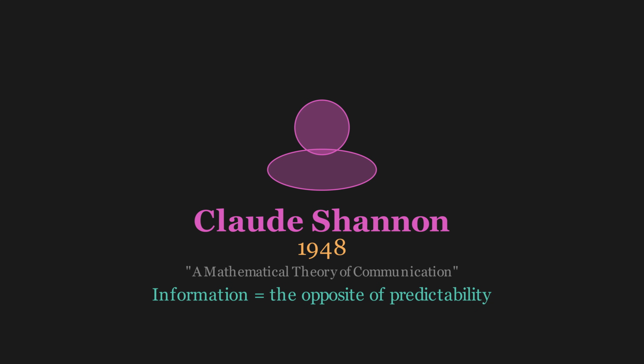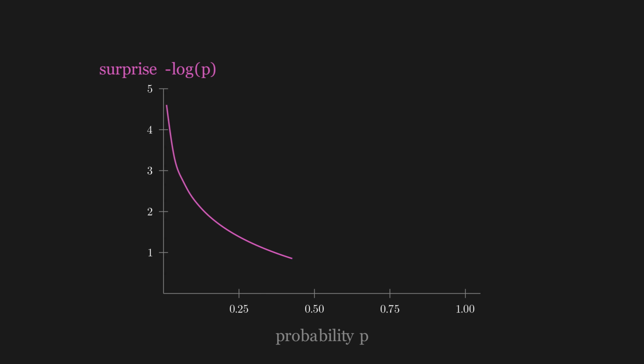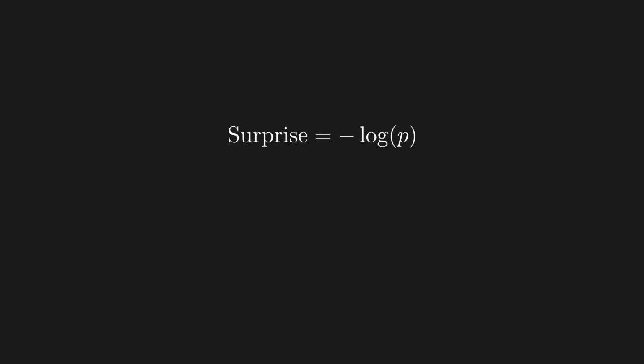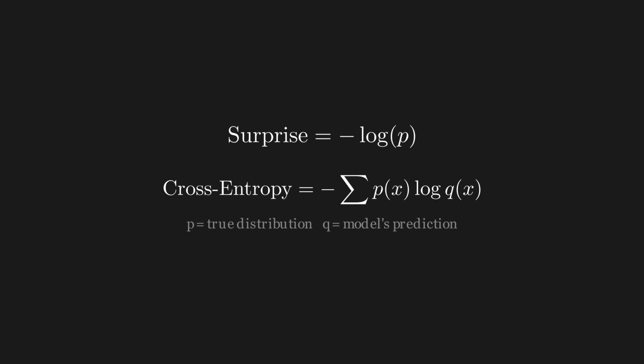Shannon's key idea was that information is the opposite of predictability. If I tell you the sun will rise tomorrow, that's no surprise. Almost zero information. But if I tell you it's going to snow in July in Tokyo, that's deeply surprising. High information. The mathematical formula for surprise is negative log probability, and the average surprise across all predictions is called cross-entropy.